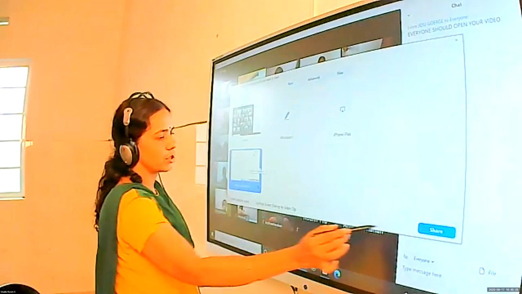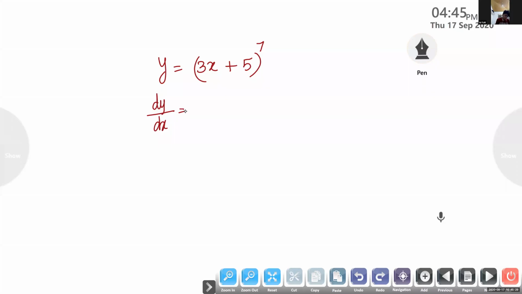Find the derivative of 3x plus 5 whole raised to 7. Others try it. Find the derivative and give the answer, Aryan.